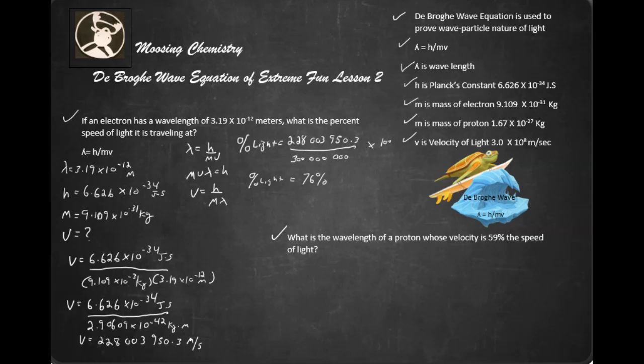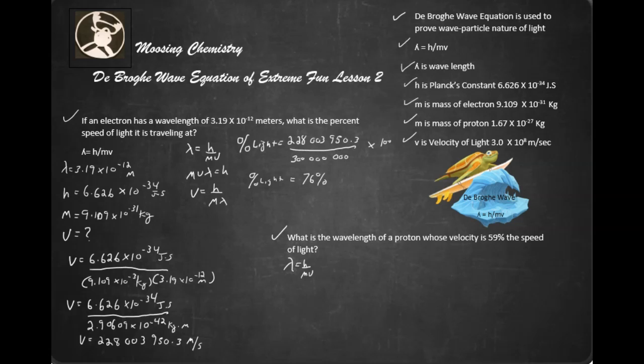What is the wavelength of a proton whose velocity is 59% the speed of light? All right, so now we're looking for wavelength in this case. So we're going to go ahead and, of course, use lambda equals h over mv. So what do we know?